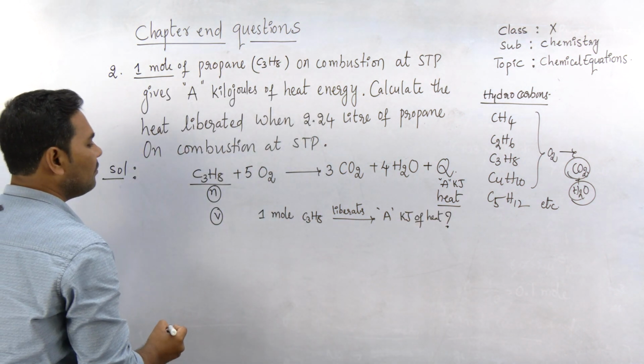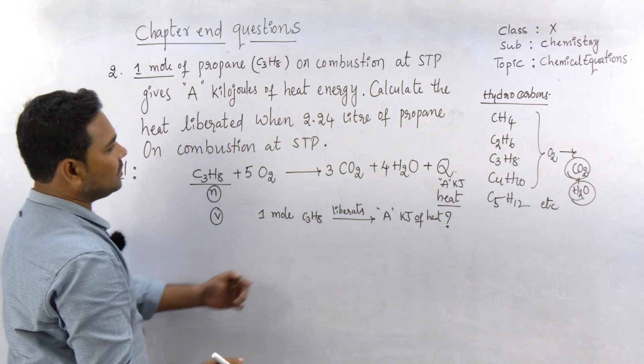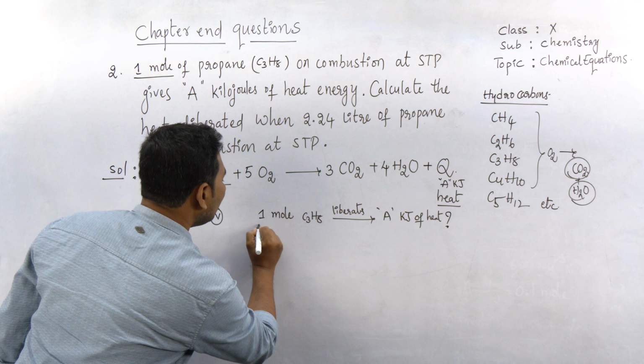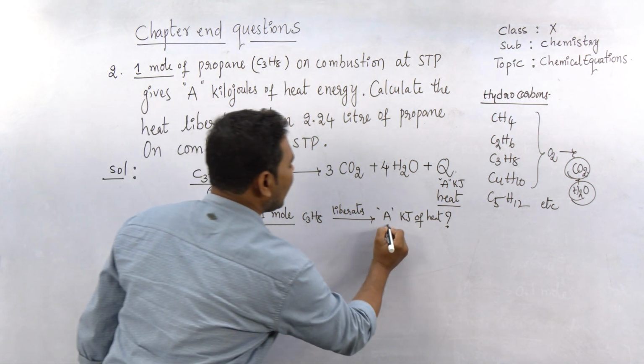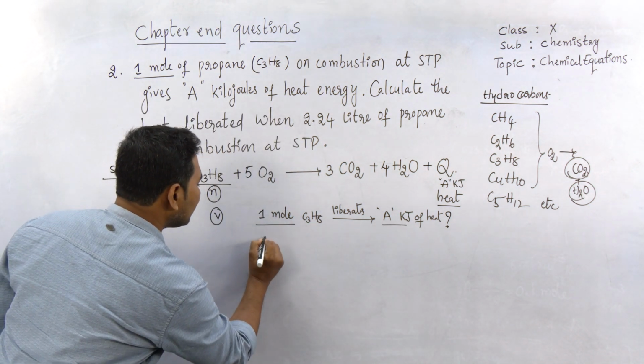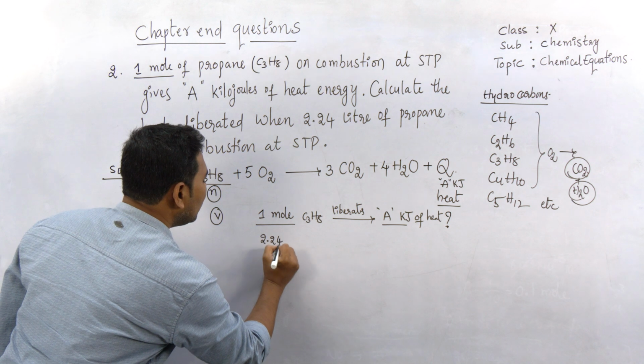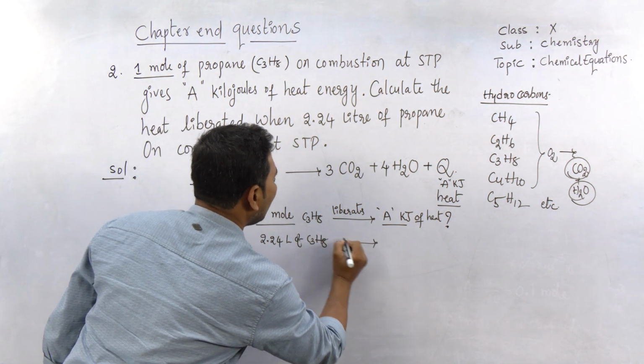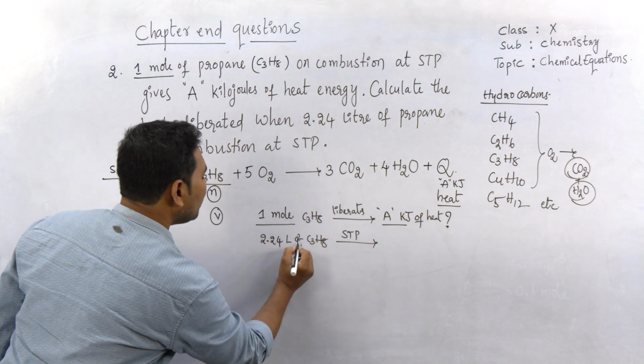Then, 2.24 liter of propane, we are given moles here and volume there. So take 2.24 liter of C3H8 at STP. How many moles is this?